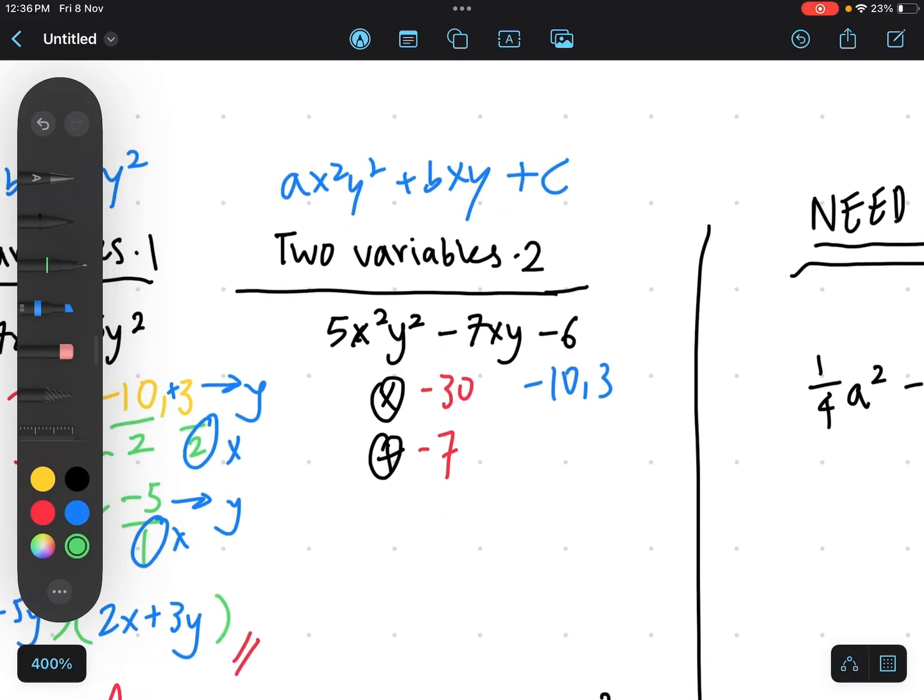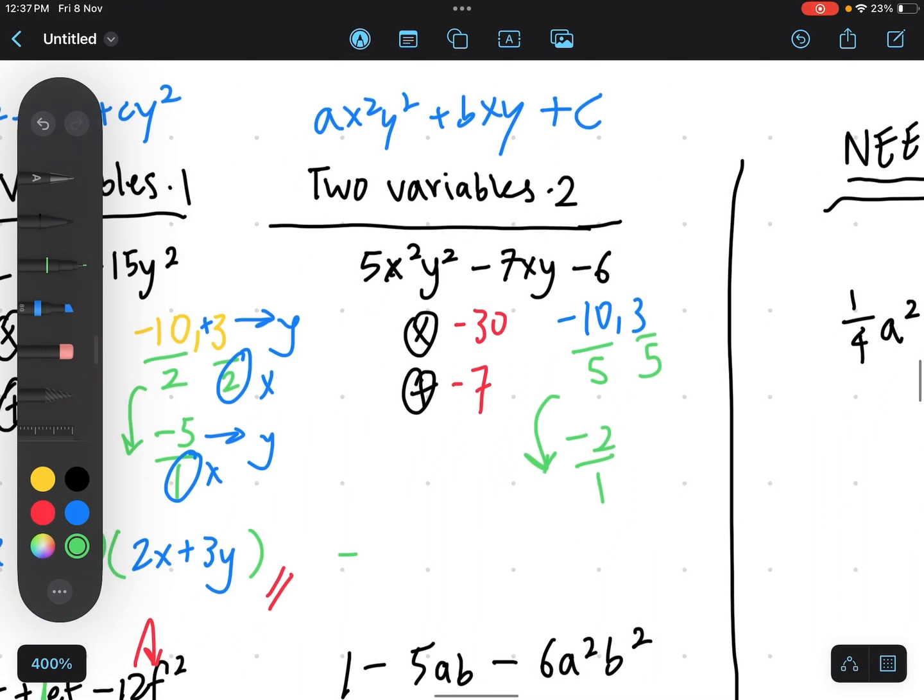Now what we do, remember, we divide by a, so a is 5. And we can simplify this into minus 2 over 1. After that, what do we do now? We can, of course, do a bracket thing. But now, we divided by a. So now the bottom, the denominator, won't just be an x.